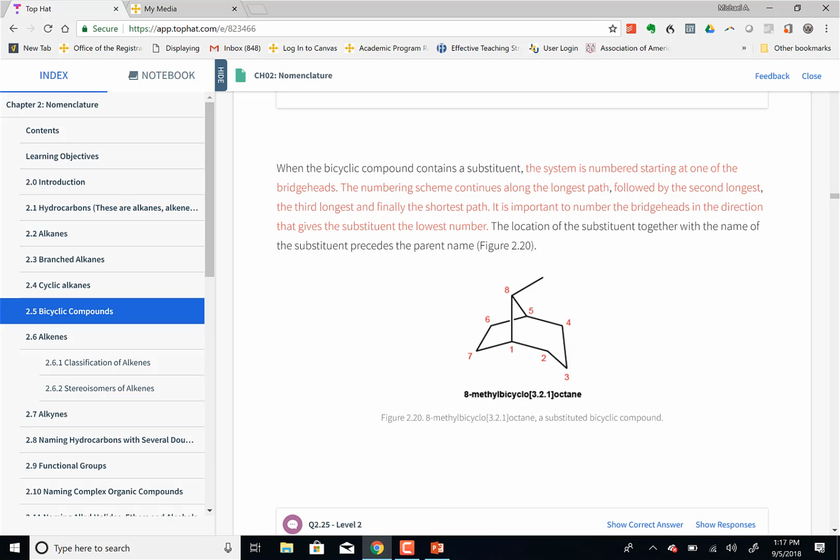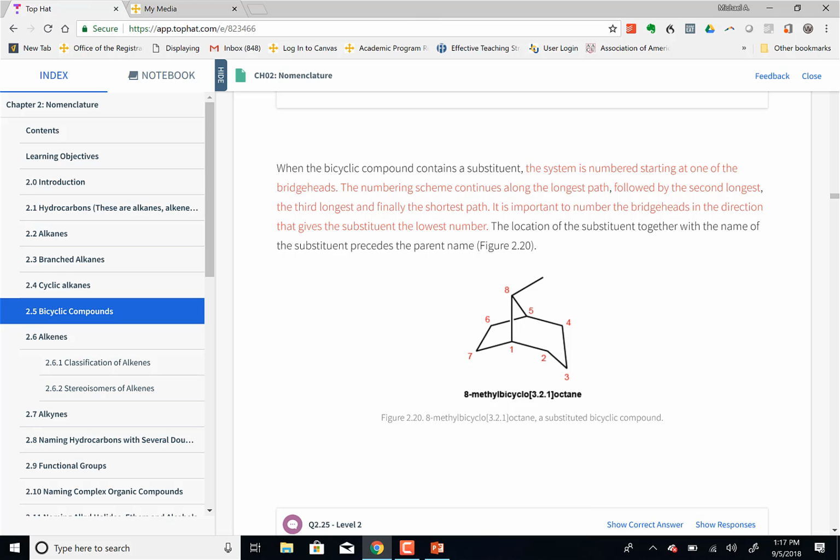On this side we have a 1, because we're only looking at the skeleton of the fused system. And then over here we've got 1, 2, 3 on this side. So this would be a 3, a 2, and a 1 bicyclooctane, which, thank God, is exactly what it says on the screen.